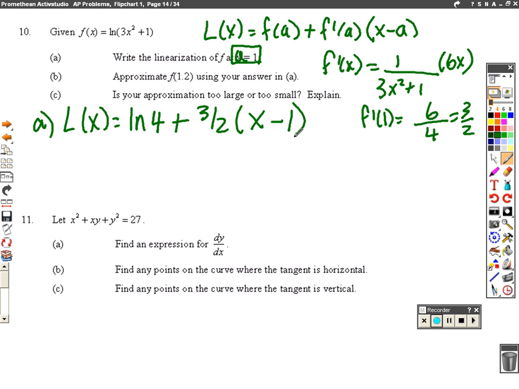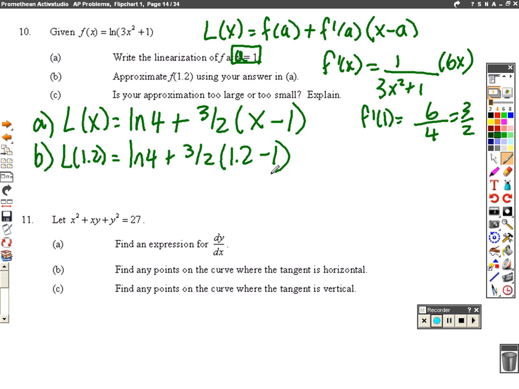All right, we're going to use this to approximate f of 1.2. So L now of 1.2 is going to be natural log of 4, that doesn't change, plus 3 halves. The only thing we're doing is plugging in 1.2 for x. So 1.2 minus 1, so that's going to become 0.2.